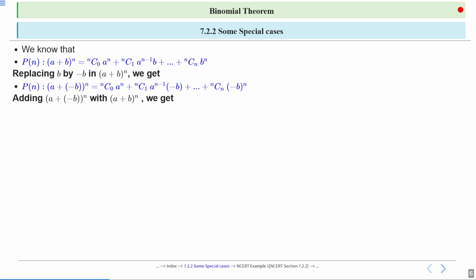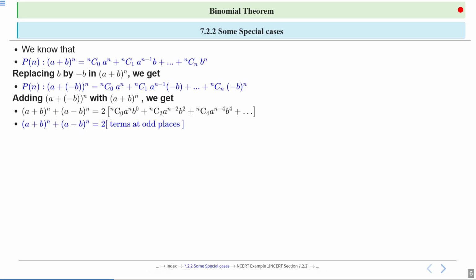Now let's add the two expansions (a + b)^n and (a - b)^n. Then we get (a + b)^n + (a - b)^n = 2 times [nC0 a^n b^0 + nC2 a^(n-2) b^2 + nC4 a^(n-4) b^4 + ...]. Notice how only the terms with even powers of b remain in the expansion.